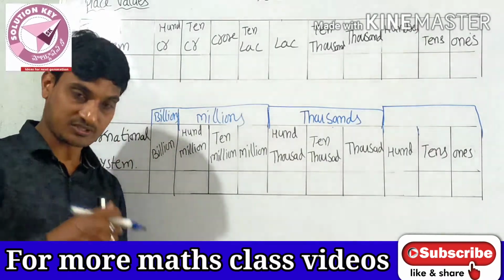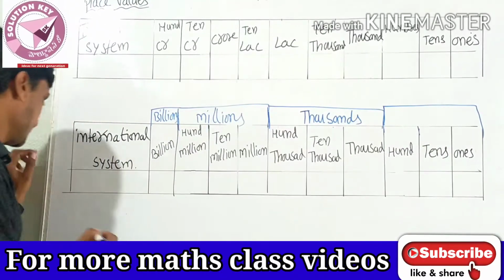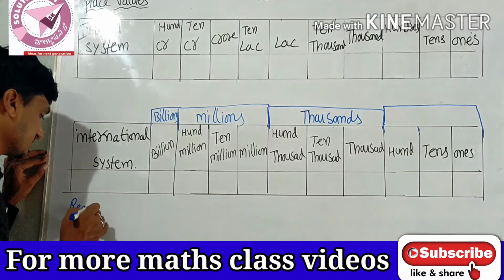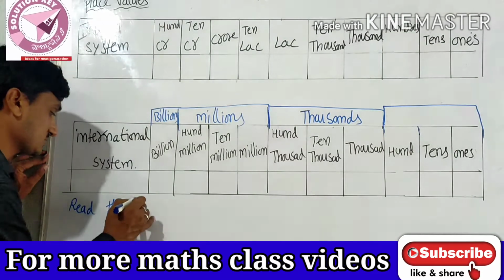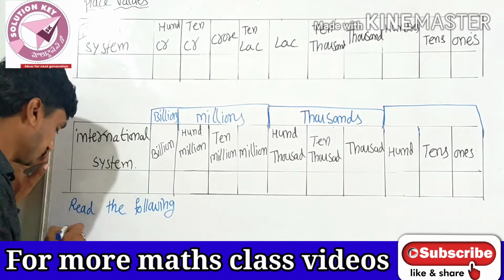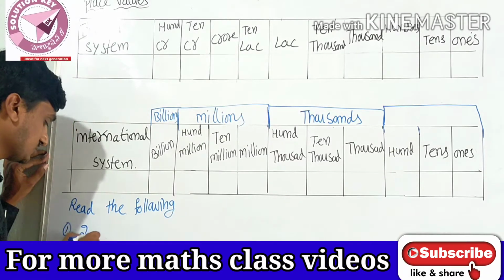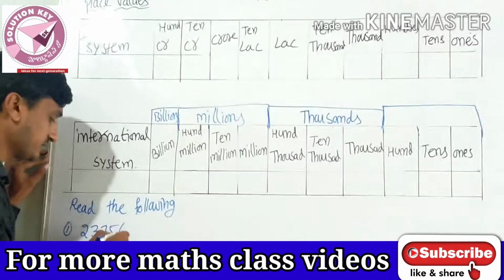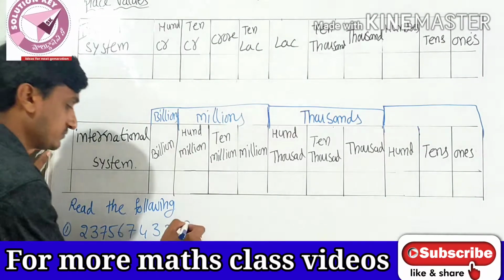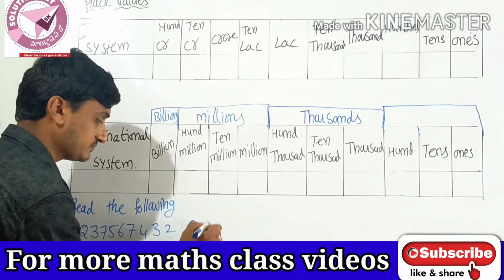Understood? Now I am taking some examples of numbers. See here, how to read the following. The first one I am taking is 2, 3, 7, 5, 6, 7, 4, 3, 2. First I am taking the Indian system.